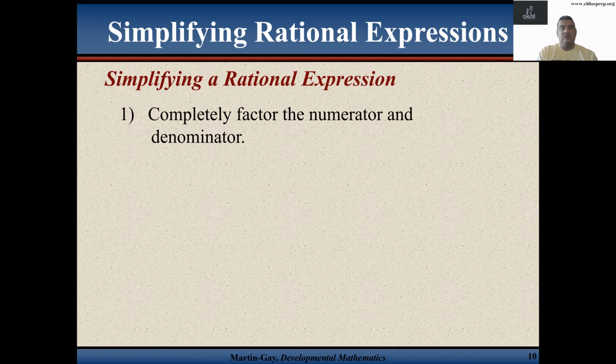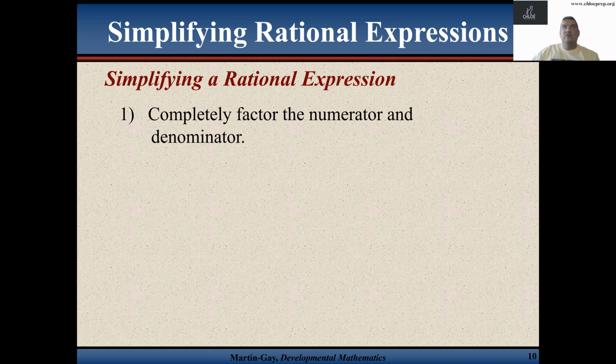So we need to factor. You need to go back to your factoring skills. And that's why, if you ever had the question of why do we do this, it's because if we get these huge rational expressions, we don't want to work them out.